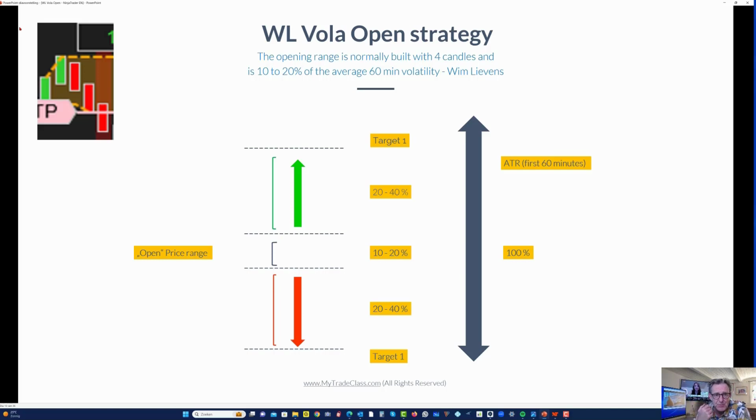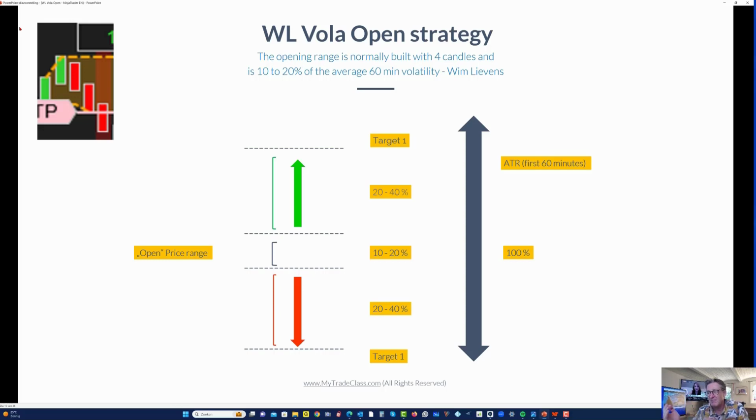So I use 5% bars of the 60-minute ATR, and my open range is built on 4 bars. You can change the settings if you like, but that's how I created it. That means if these 5% are one on the other, you have 20%. If you have 1 bar up, 1 down, 1 up, 1 down, then next to each other, you will have a range of 10%.